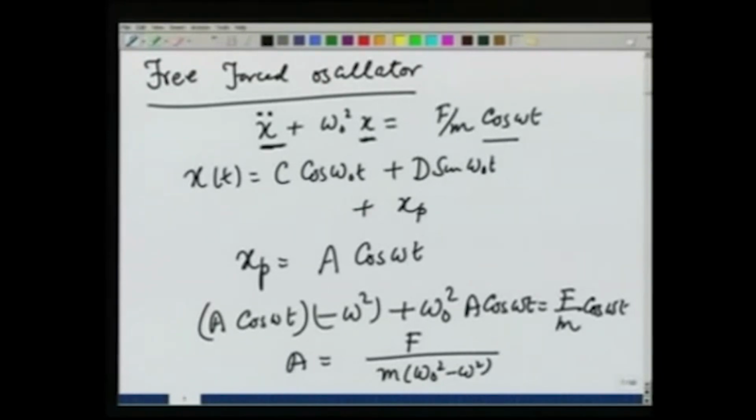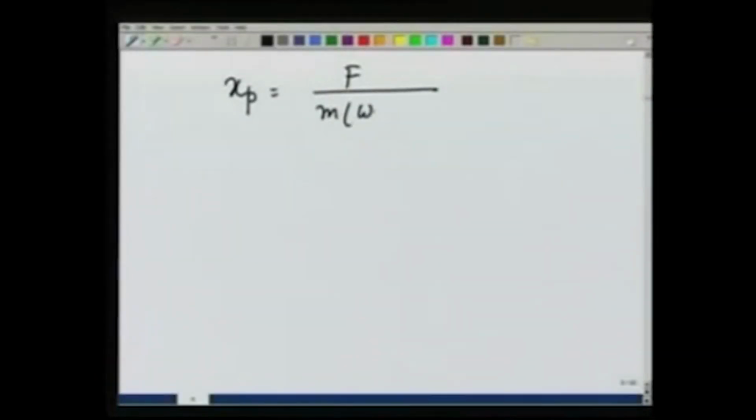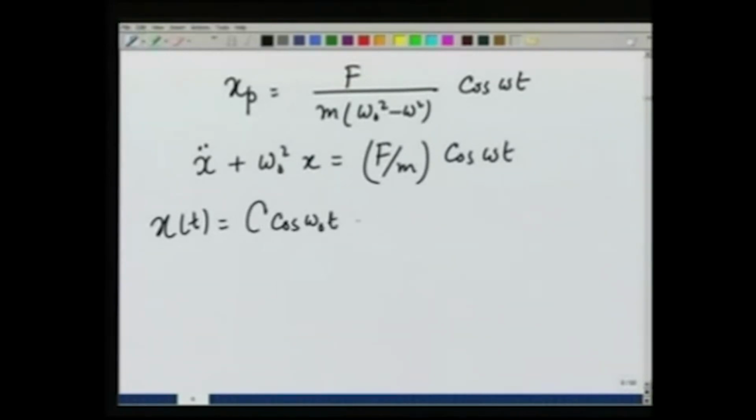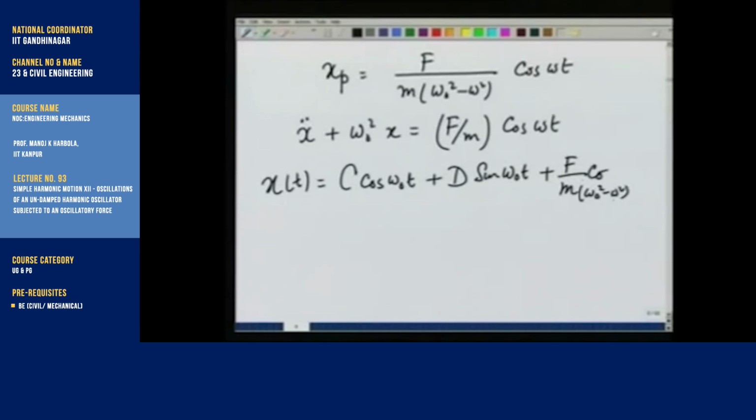So, you see for the particular solution there is nothing arbitrary, all the quantities are fixed, and therefore, the particular solution x particular is equal to f divided by m omega 0 square minus omega square cosine of omega t, and the complete solution of this equation x double dot plus omega 0 square x is equal to f over m cosine of omega t is x t is equal to c cosine of omega 0 t plus d sine of omega 0 t plus f over m omega 0 square minus omega square cosine of omega t.